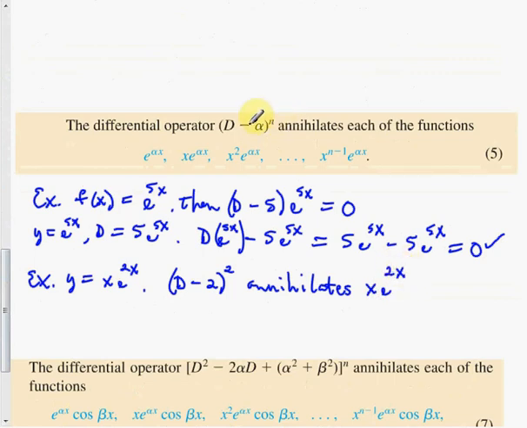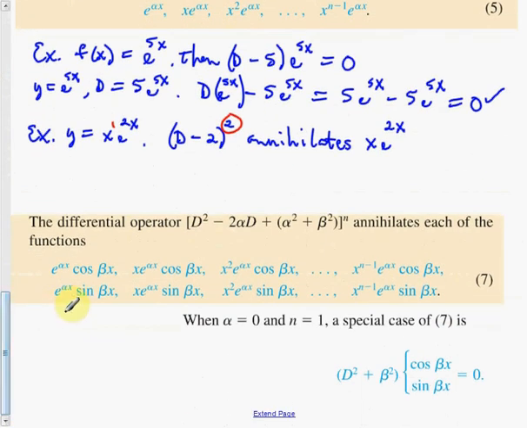You see this d minus alpha to the nth? So that n compared to here, the x to the n minus 1. So here, this is x to the first power. And so this term here has to be the next term further, which will be to the second power. Okay?